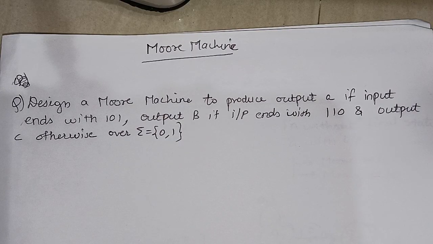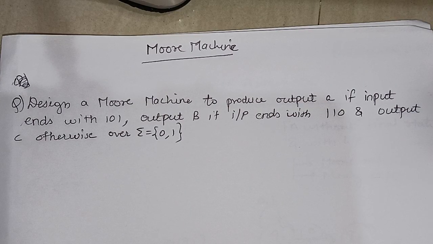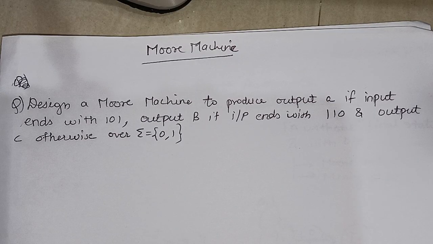Okay, what is Moore machine? It is a machine with a finite number of states and for which the output symbol at a given time depends only on the present state of the machine. Means it is a machine with a finite number of states, and we will get the output for the given time.